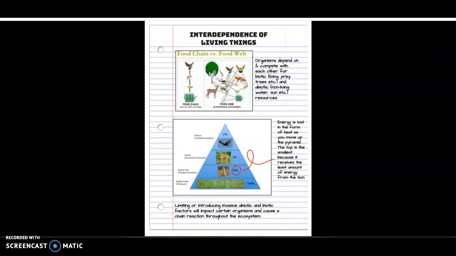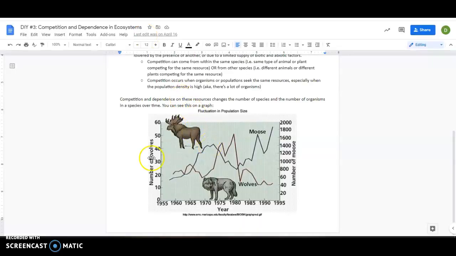So then, another thing that we can look at are graphs. Sometimes you'll see a graph showing the population changes between predator-prey relationships. So we're looking at the population of moose. That's going to be this blue line right here. And then the population of wolves is going to be the red line. So if we look here about 1970, the wolf population is really, really low.